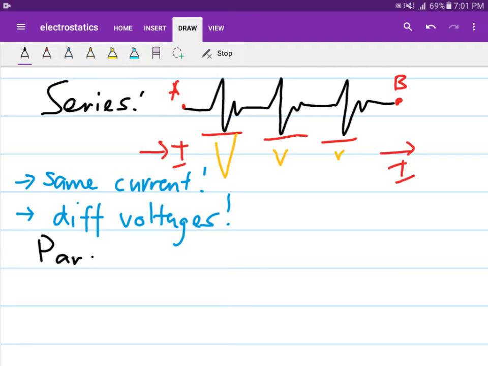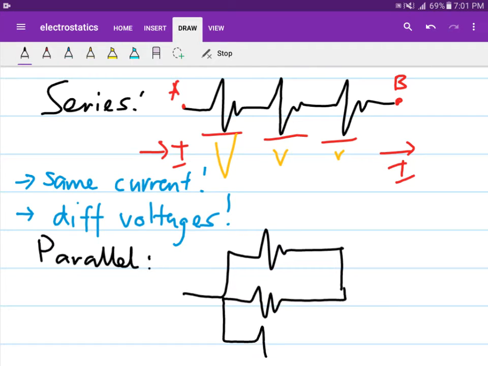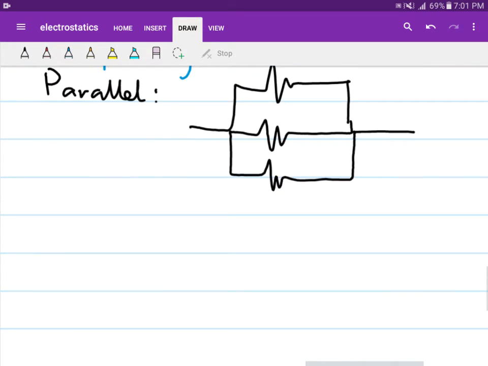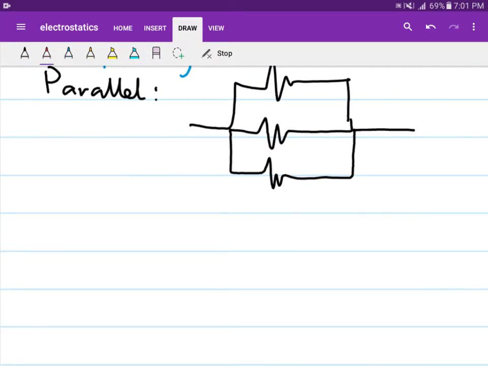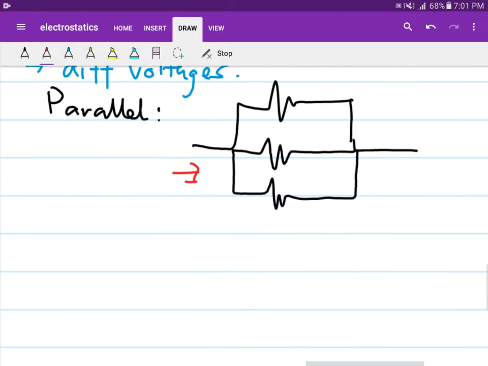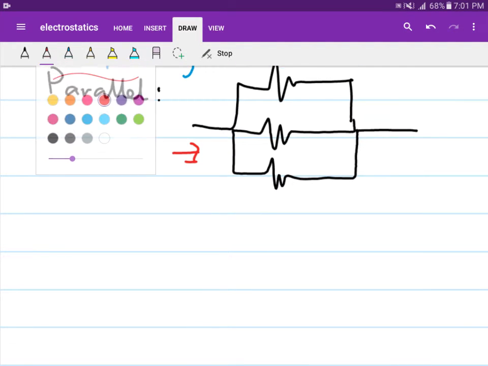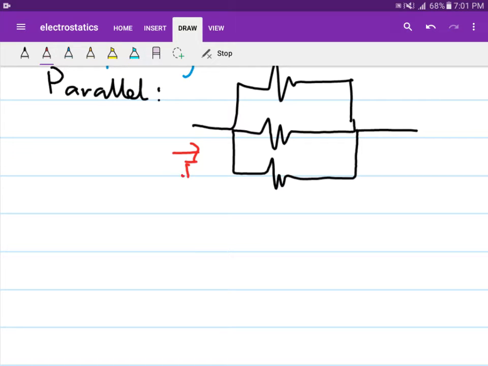Now for parallel, say we pass in a current here, and this current will flow here, here, and here.